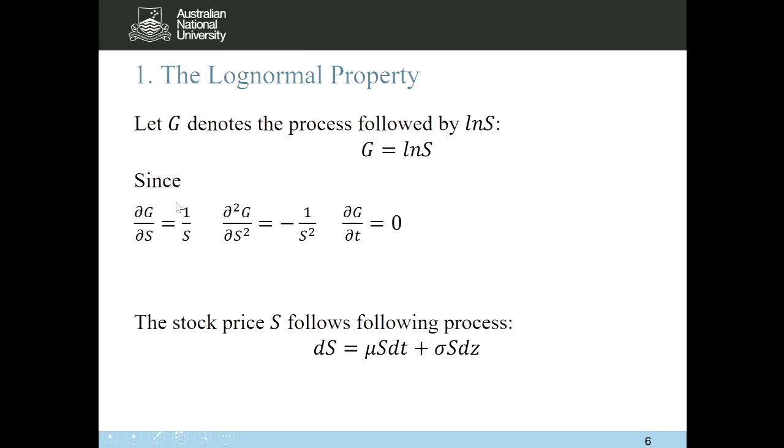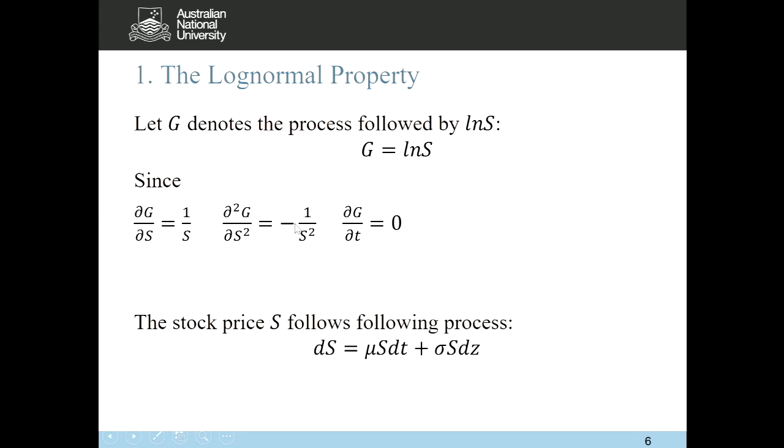Okay? So basically what I've done here is take the first derivative of g with respect to share price S. Now if you do that, what we'll get is 1 over S, right?